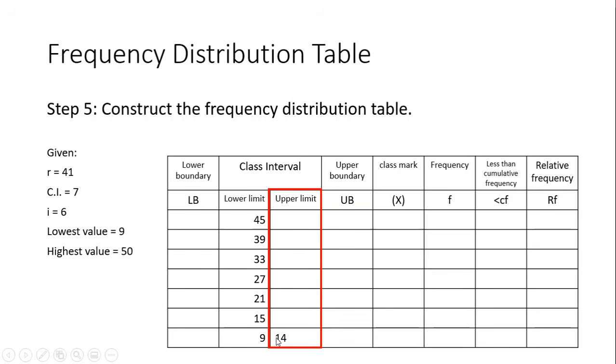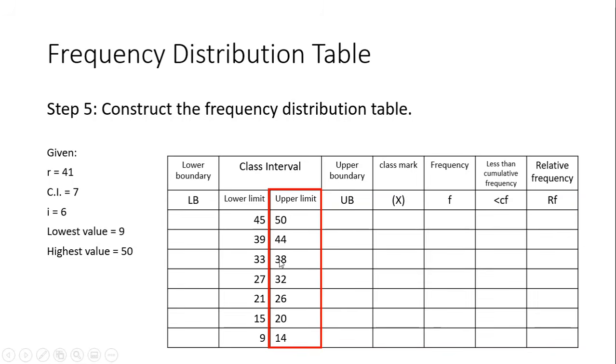Okay, now the simplest way again for us to determine the succeeding numbers is for us to use the class size. So in which you can just add. So 14 plus 6, you will get the value here. So 14 plus 6 equals 20. 20 plus 6 equals 26. 26 plus 6 equals 32. 32 plus 6, that's 38.